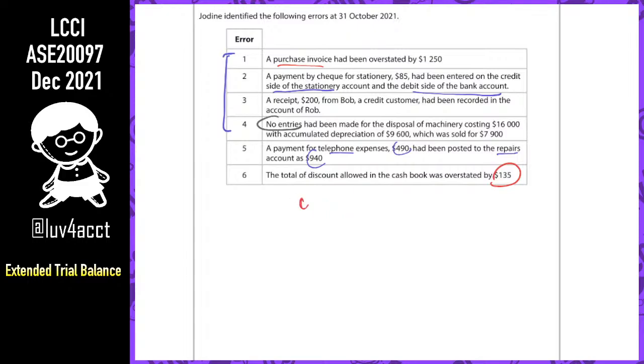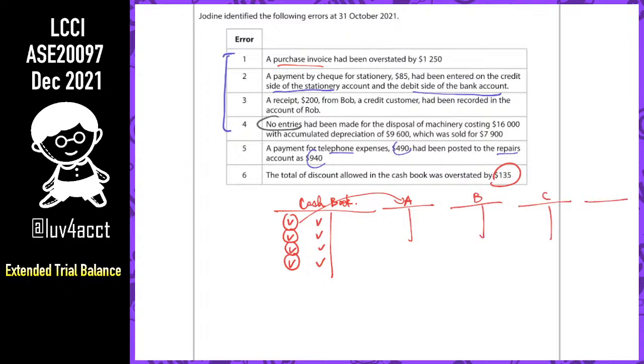In the cash book, when you work on each item, this is the 3-column cash book. When you work on the receipts and you have the individual items of discount allowed, you put these individual entries into your ledgers of different trade receivables.